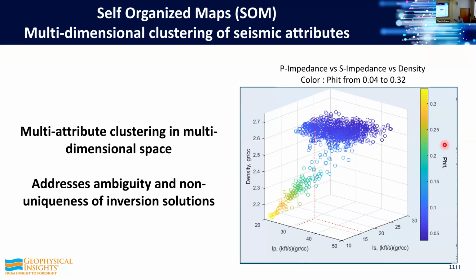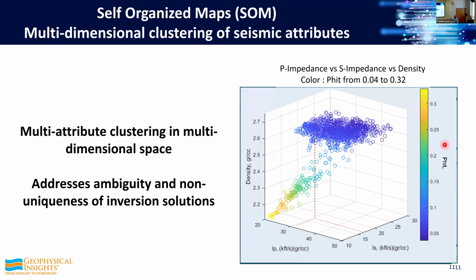Now, let's think about it. When we use SOM, we're going to have 10 attributes, maybe 8 attributes, and we don't need to recreate crossplots every time. What we need to do is to create lithofacies logs with the properties that we want to identify, and then tie them to the self-organized maps.